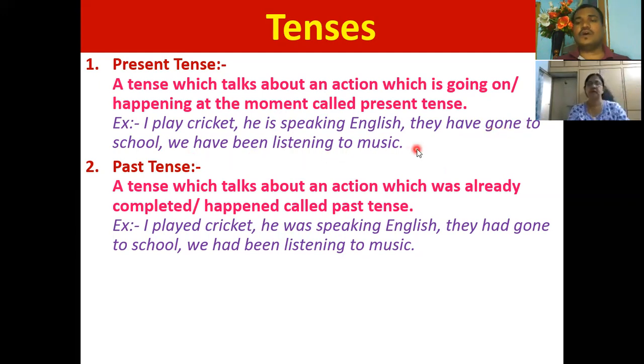That is third person plural, and we have used the have form. It is perfect tense. Whenever you are using perfect tense, you should use the V3 form, verb 3 form.